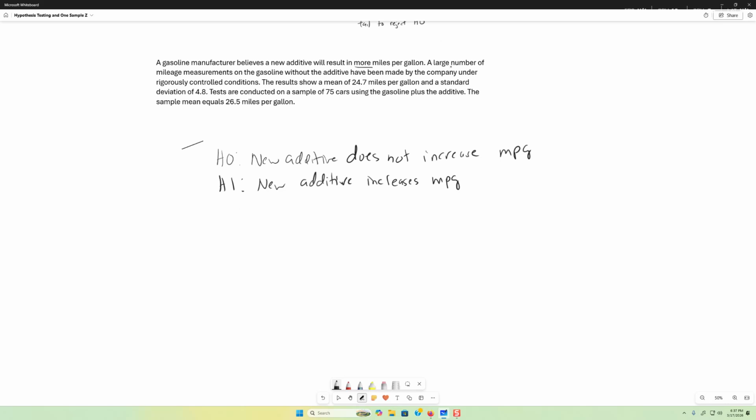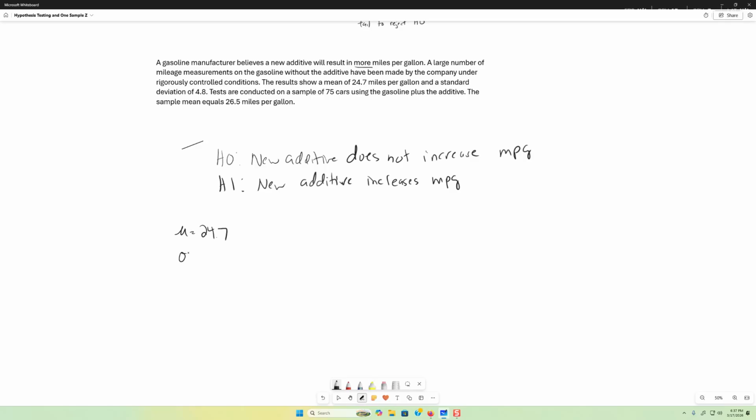What do we have here? The results show a mean of 24.7 miles per gallon and a standard deviation of 4.8. Okay, so our population mean, this is the historical average, is 24.7.